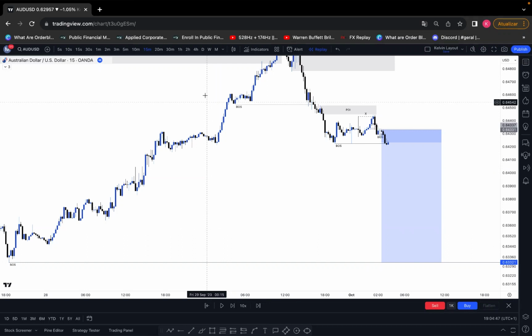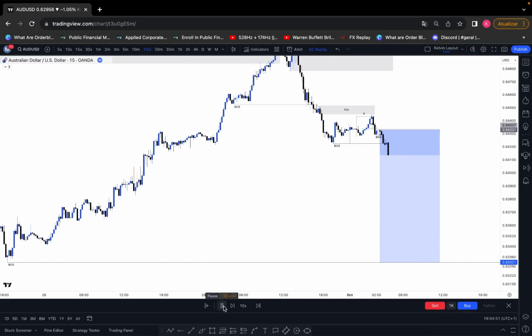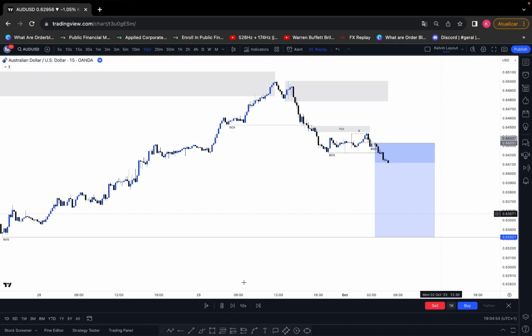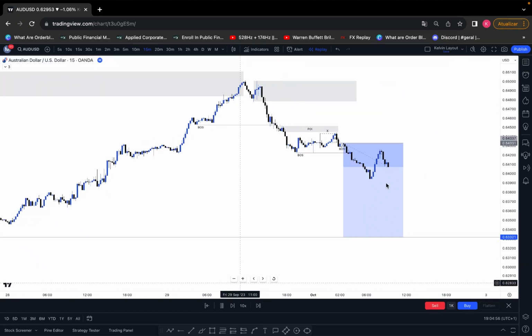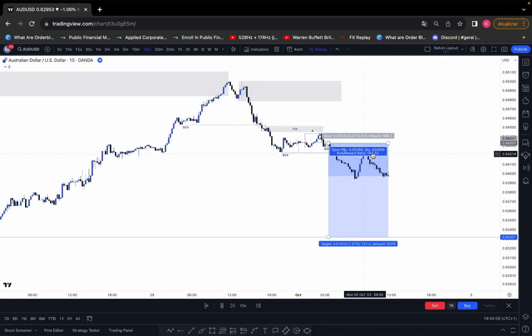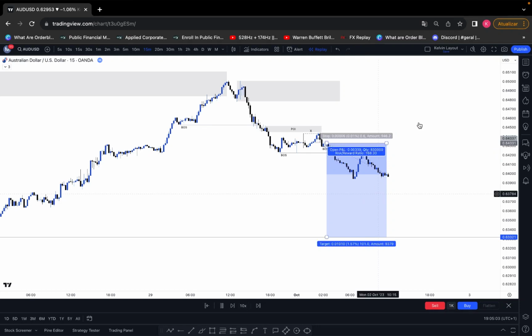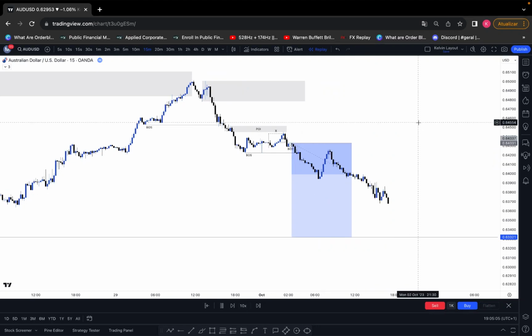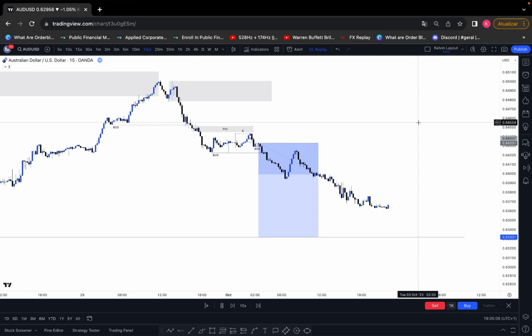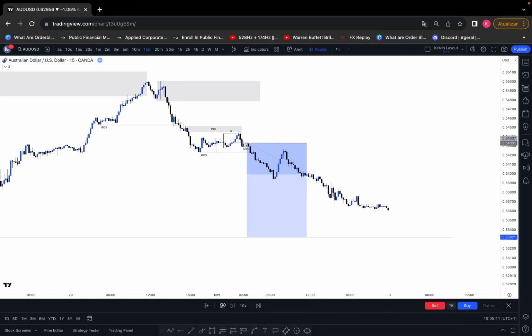So if I just play price a little bit, let me just allow price to run. So yeah, price had a really huge comeback at this particular point, but overall the high time frame intention was there, and I just wanted to see price completing the whole outlook.